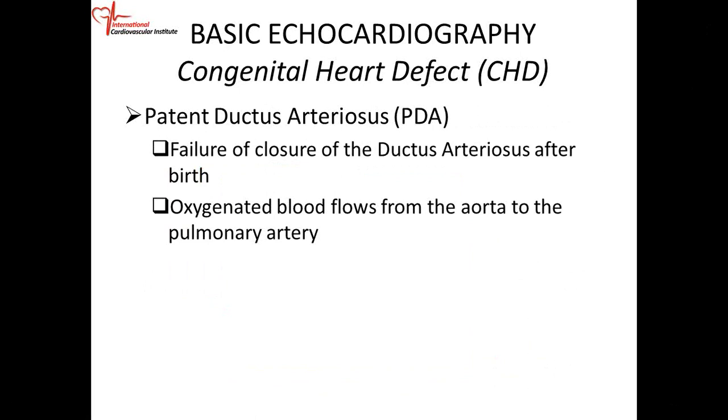The left ventricle dilates, and you get pulmonary hypertension because of increased blood flow into the pulmonary circuit. When you listen to the patient, you get what we call a machine or continuous murmur. You get a murmur in systole and a murmur in diastole, because the pressure in the aorta is always greater than the pressure in the pulmonary circuit. We call that a continuous murmur.